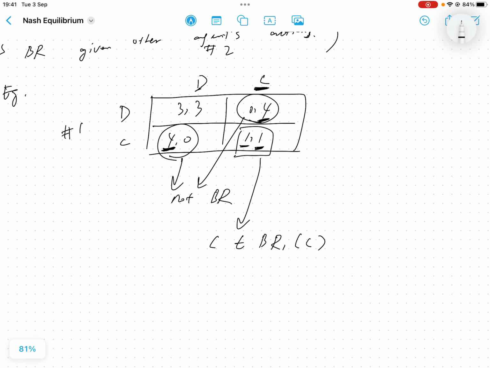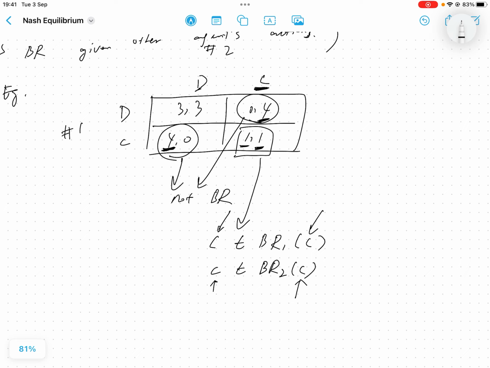If player 2 is choosing C, then player 1's choice C is in the best response, right? And symmetrically, it is true for the other player. If player 1 is choosing C, then player 2's choice of C is in the best response for player 2 themselves.